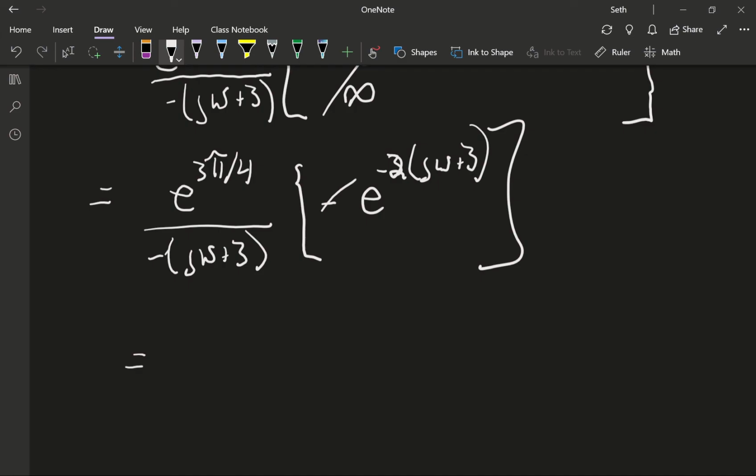Final answer is going to be, we're going to recombine these two here. Okay, so we get e to the minus 2j omega, we'll keep this separate since it's a function of omega, and then we're going to combine these two.